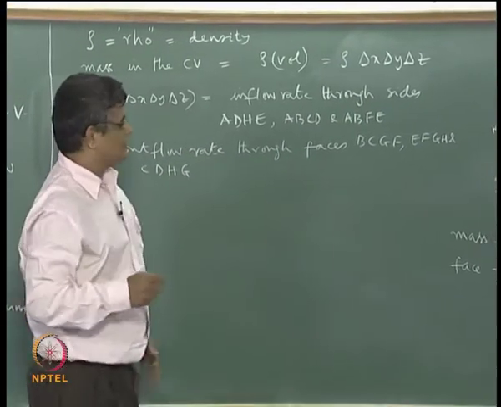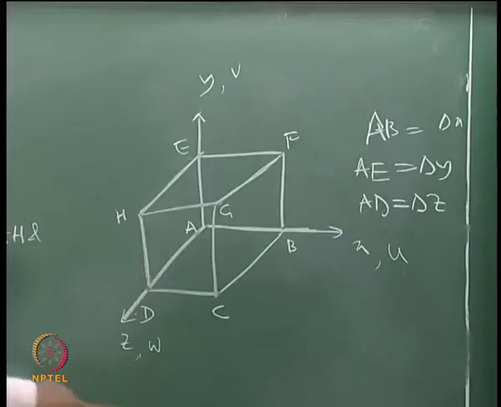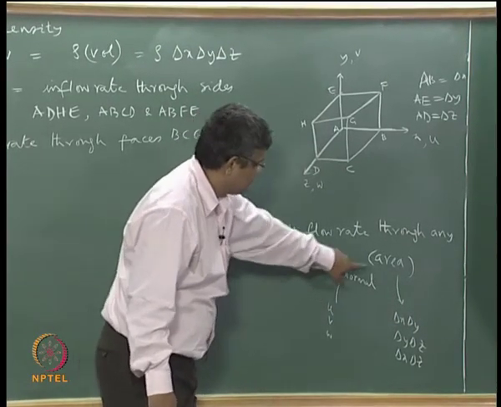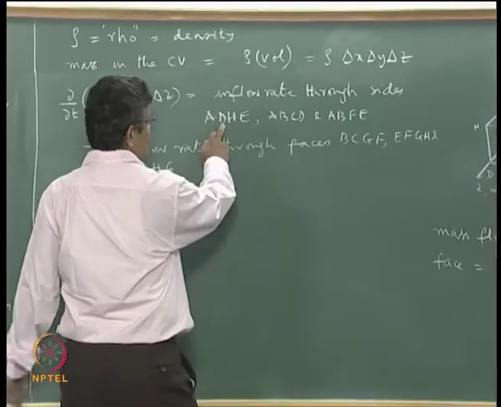It can be done more rigorously mathematically. So through each phase we evaluate the mass flow rate by multiplying the density, the appropriate normal velocity component, and the appropriate area of this particular phase. So for example, side ADHE.